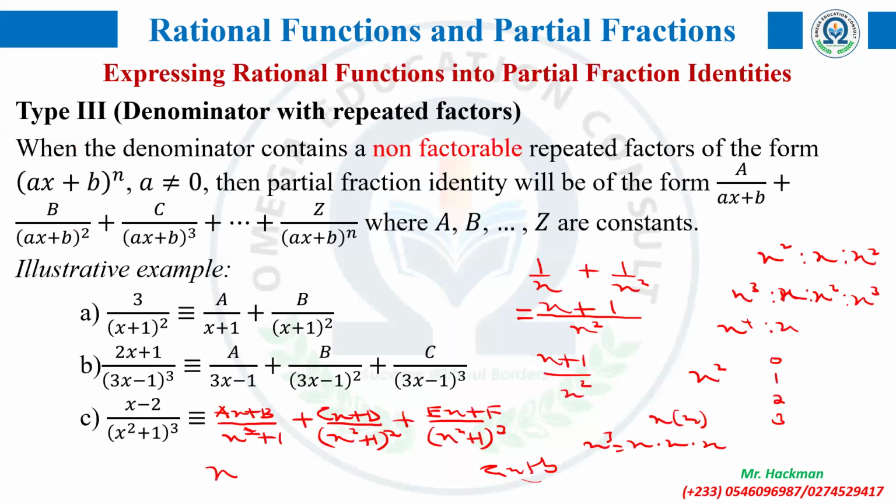Remember, this is where I'm going back. Listen carefully. I said the degree of your repeated factor. So here, this is your repeated factor. What's your repeated factor here? This x plus 1, not x plus 1 squared. So your repeated factor, what is its nature?